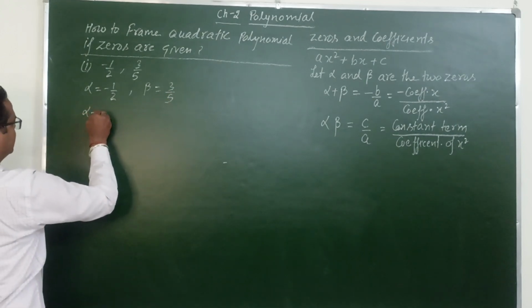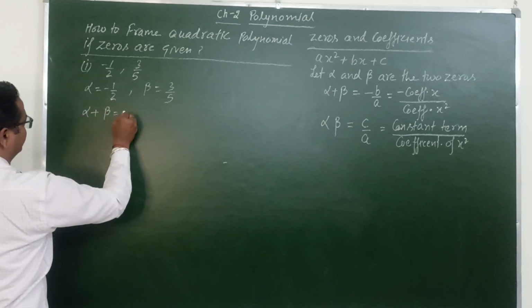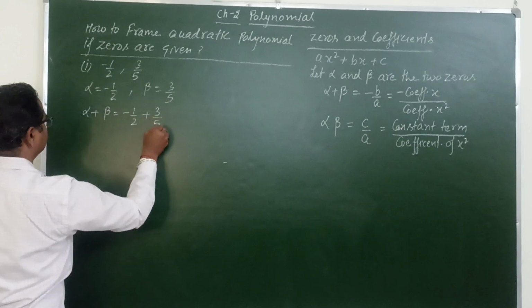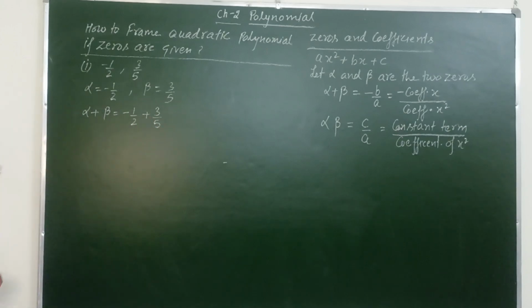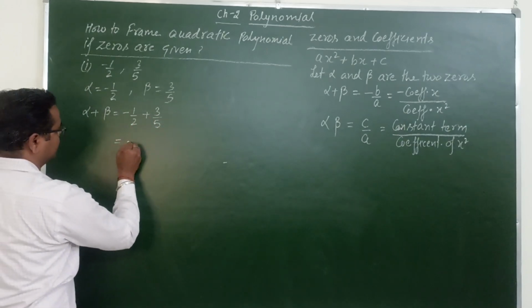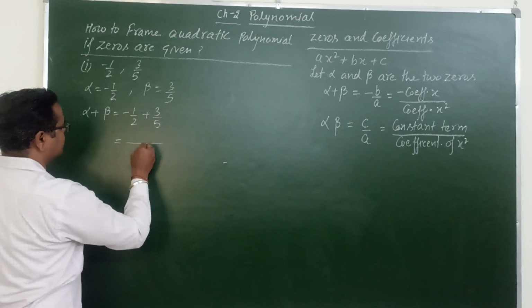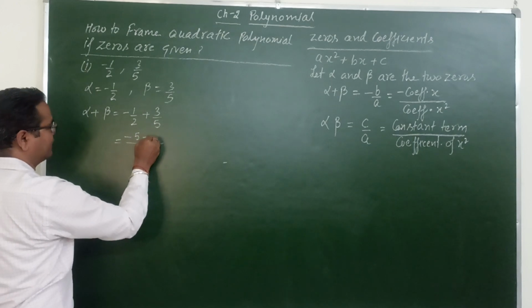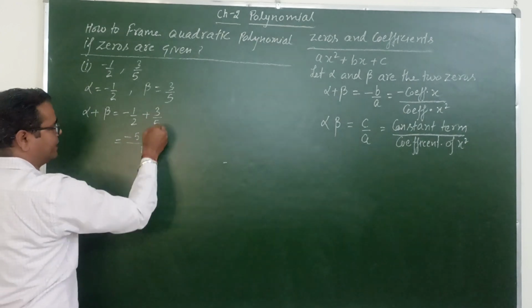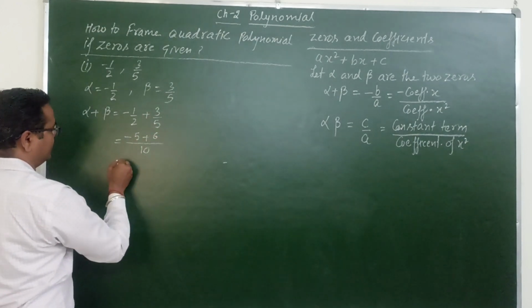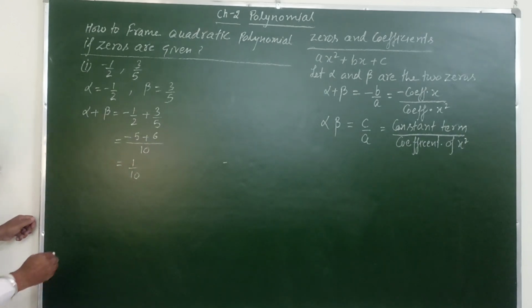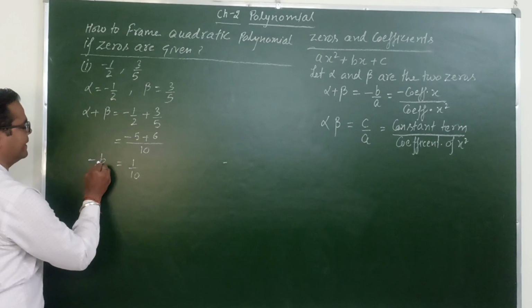Alpha plus beta is minus 1 by 2 plus 3 by 5. LCM of 2 and 5 is 10. Since the denominator is 10, here it becomes minus 5, and 5 multiplied by 2, 3 to the 6. It becomes 1 by 10. Sum of zeros is equal to minus b upon a.